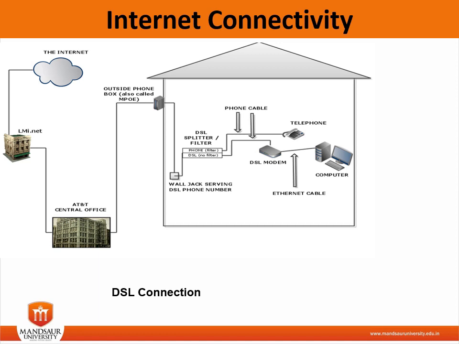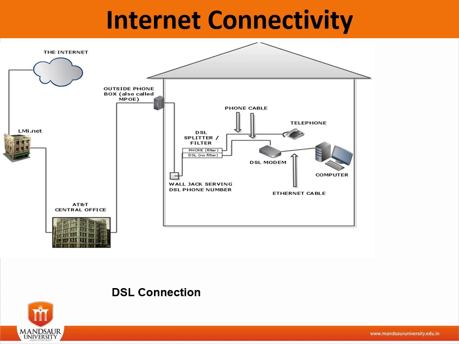This is the schematic diagram for DSL connections. This is the ISP provider, the internet. The diagram shows how we connect to the internet using DSL technologies. This is the central office and these are the network providers.